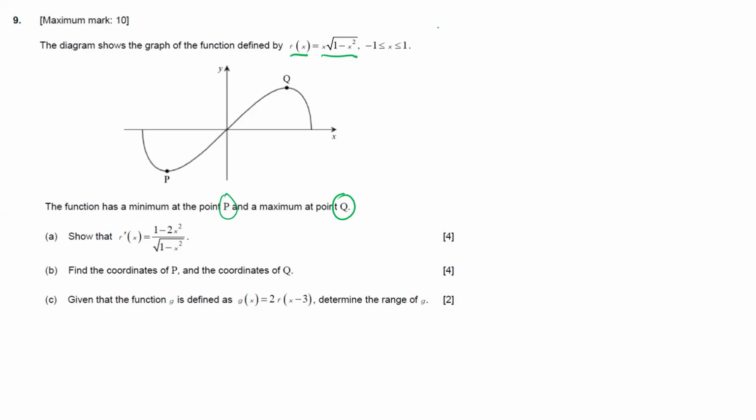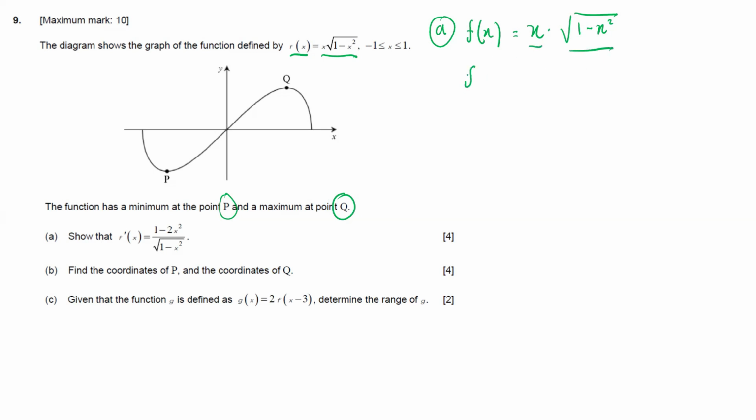Our function is f(x) equals x times the square root of 1 minus x squared. Here you can use the product rule because it's a multiplication between x and the square root of 1 minus x squared.